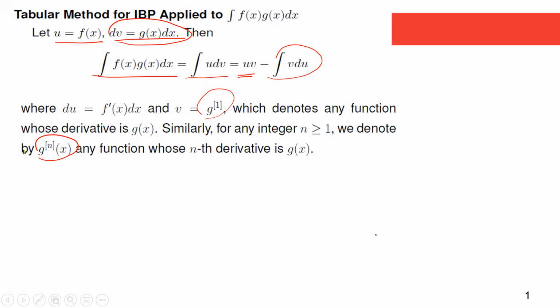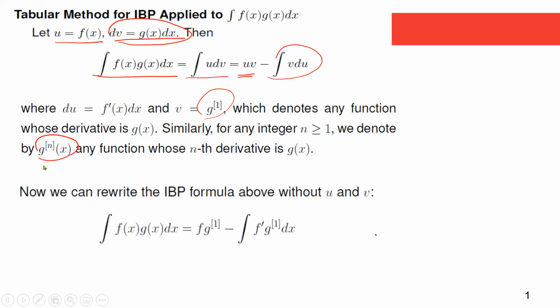So now we can replace u by f of x and v by g1. So the first term on the right-hand side is f times g1. Now the integrand on the right-hand side is v du, but v is g1, and du is the derivative of f times dx.